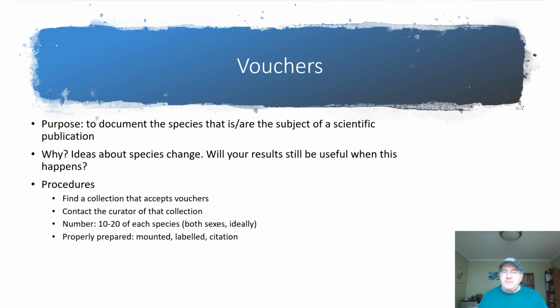And once you come to that agreement, then once you complete your study, send them or give them physically a small sample of the species that you have been working on. If you're working with one species, typically 10 to 20 specimens is plenty. Ideally, you would have representatives of both sexes, just to give an idea.